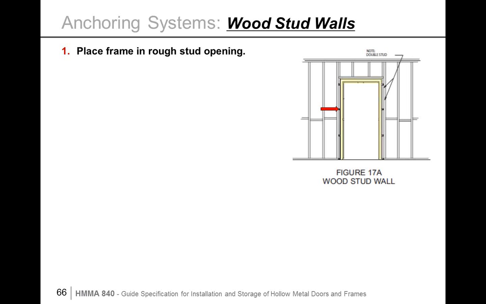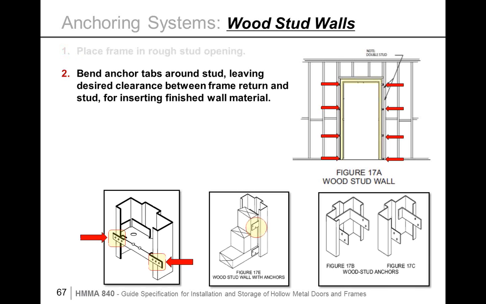Now, the procedure for anchoring really is to place the frame in the rough opening. From there, the wall anchors have tabs of some type, whether it's a snap-in anchor with tabs extending outside of the frame, or whether the anchors are channel C-brackets welded in with nailing flanges.